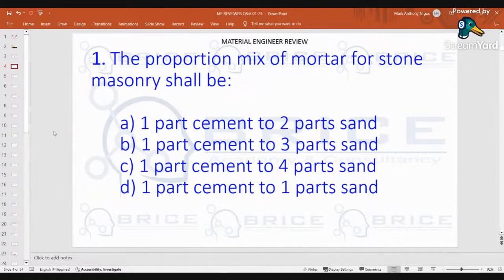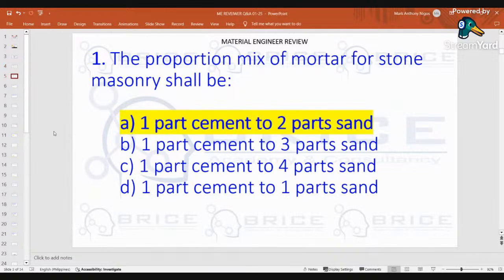A. 1 part cement, 2 parts sand. B. 1 part cement, 3 parts sand. C. 1 part cement, 4 parts sand. And D. 1 part cement, 1 part sand. The answer is letter A, 1 part cement, 2 parts sand.